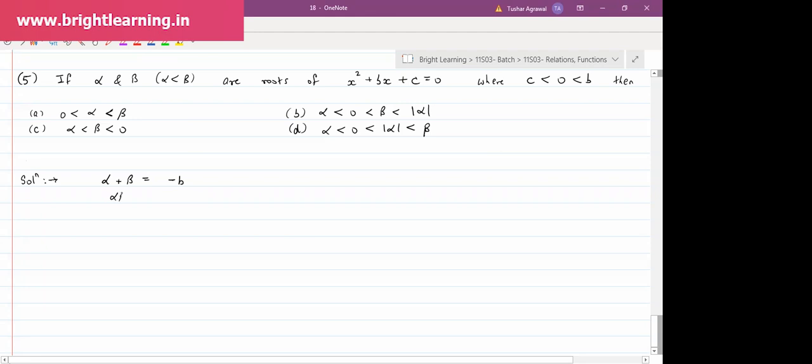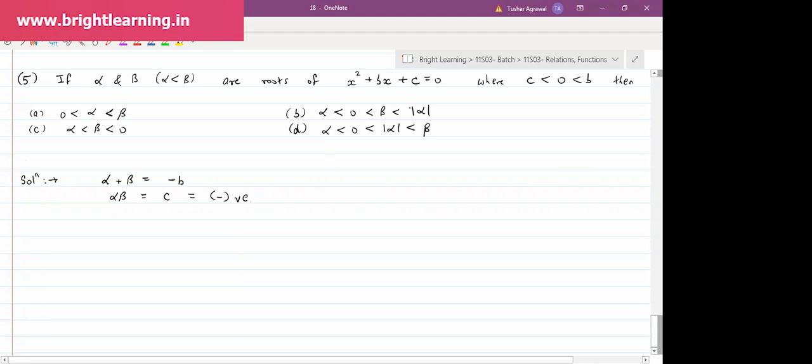And alpha beta is C upon A, which in this case is C only. Correct? Now can you see that alpha beta is a negative value from the information he has given, because C is less than 0? So alpha beta is negative.